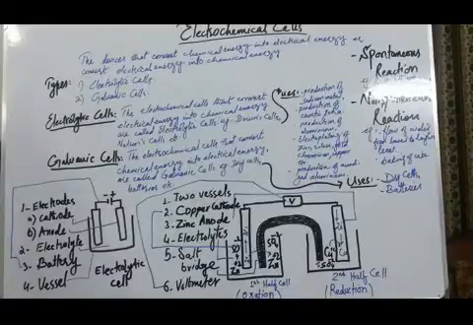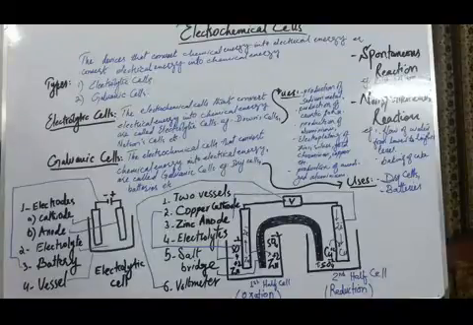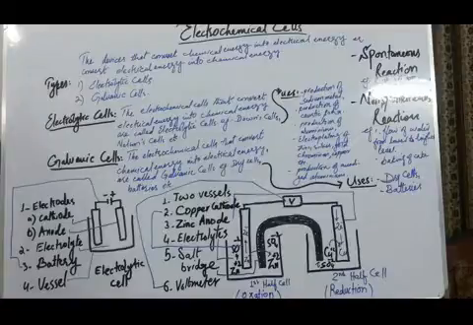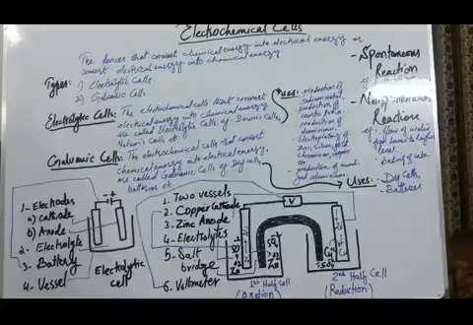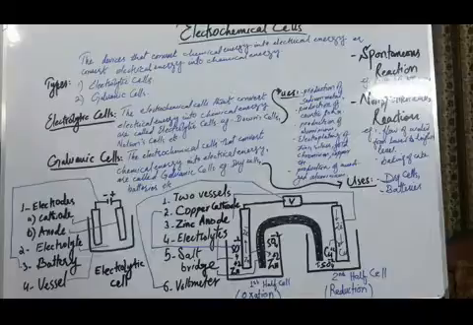Whereas the salt bridge connects both cells, and the salt bridge contains an inert electrolyte, and its ends are porous, which allows the ions to pass through them. As a result, the ions pass from one container to the other container.